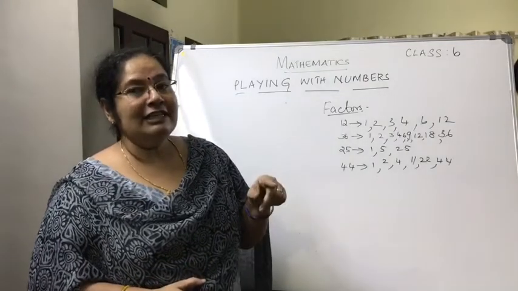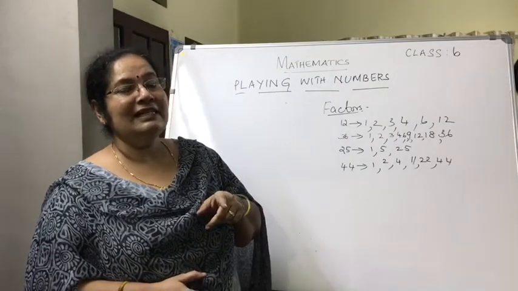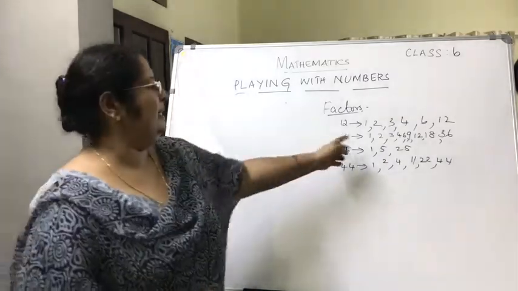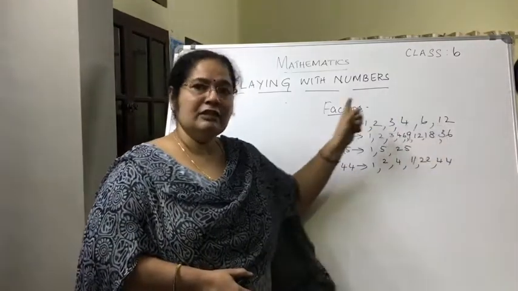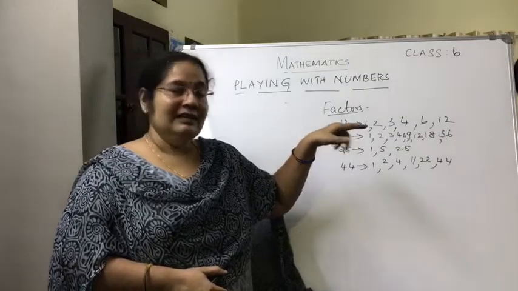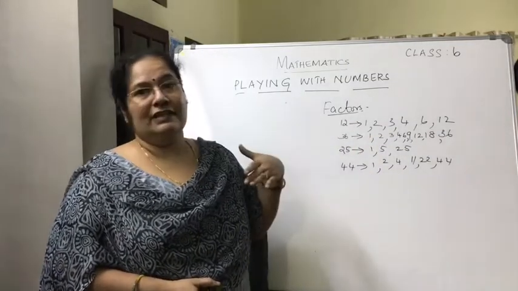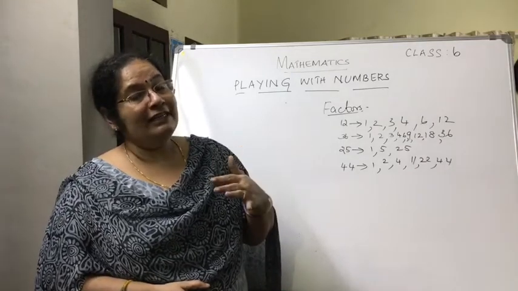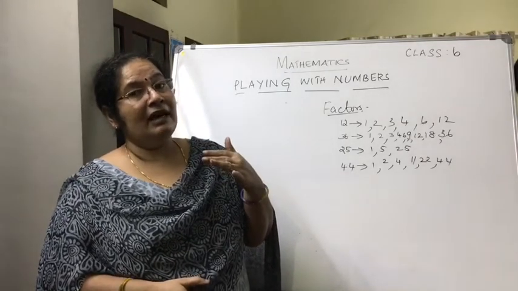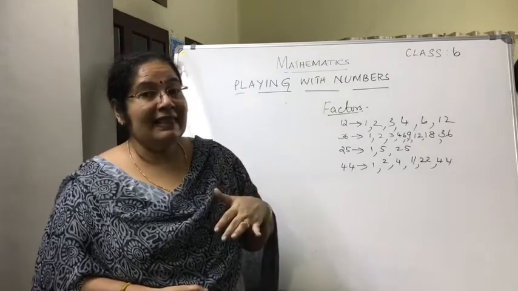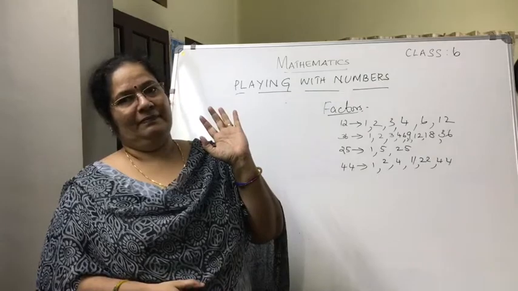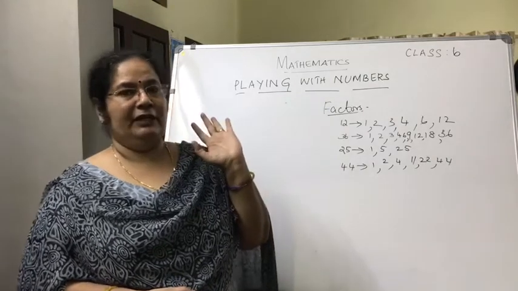The factor of a given number is less than or equal to the given number. See, here 12 is also a factor of 12. 36 is a factor of 36. 44 is a factor of 44. So, the factors of a given number are less than or equal to the given number. Is it clear? That is the third property.